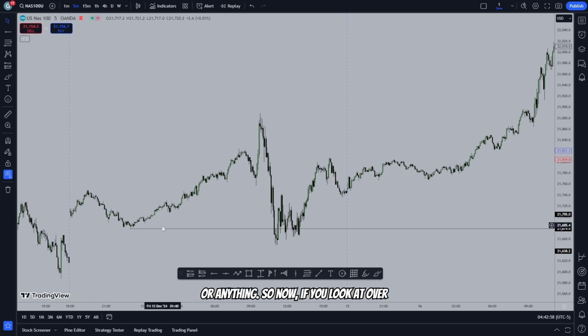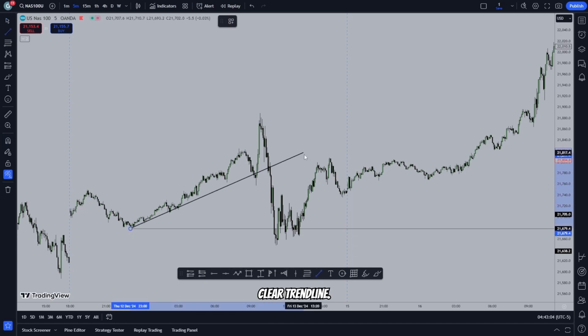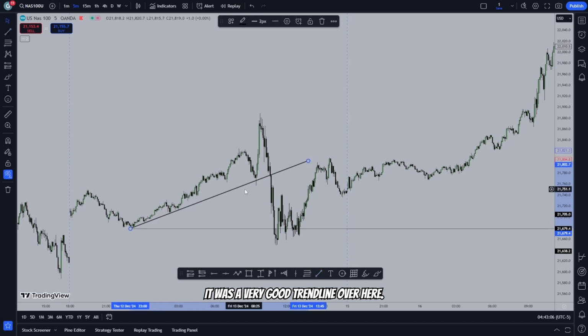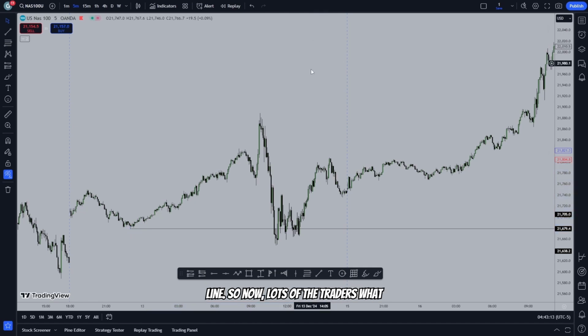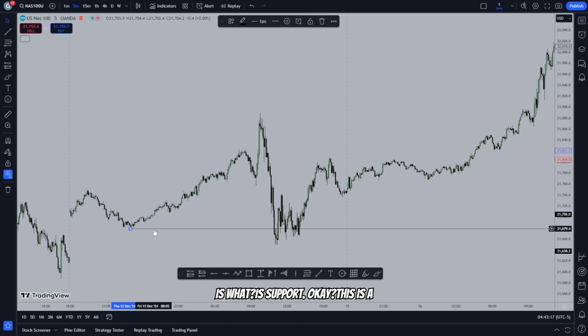Now if you look over here, it was a clear trend line, a very good trend line, and then there was a trend line break, and this was the origin of the trend line. Lots of traders will think that this line over here is support.